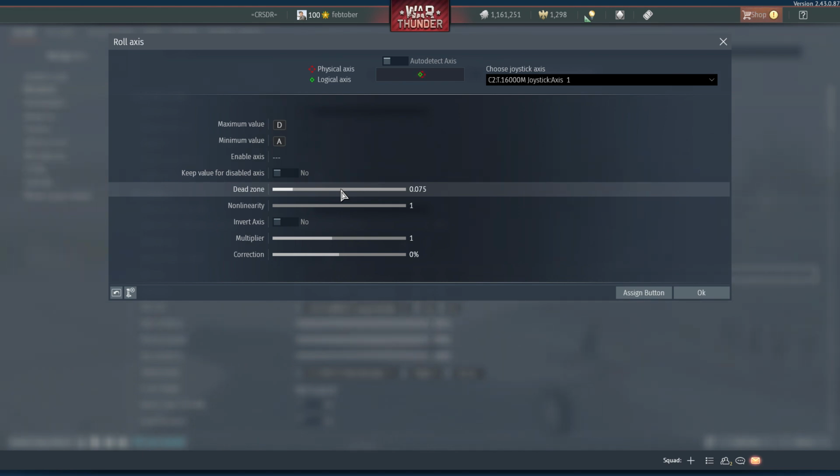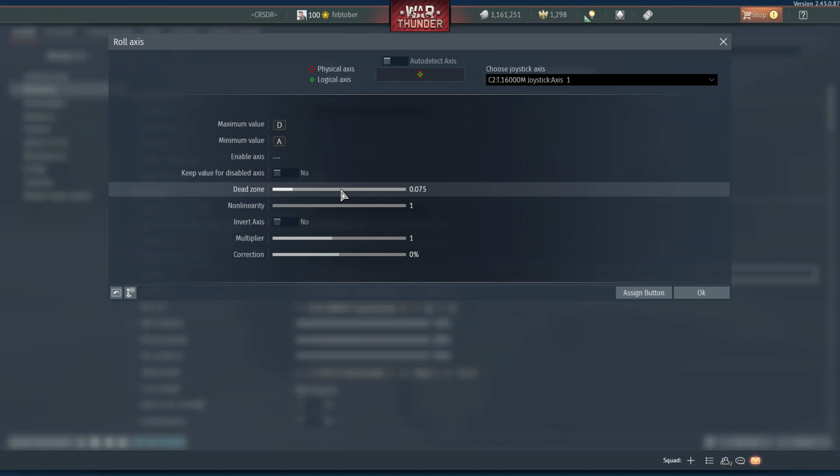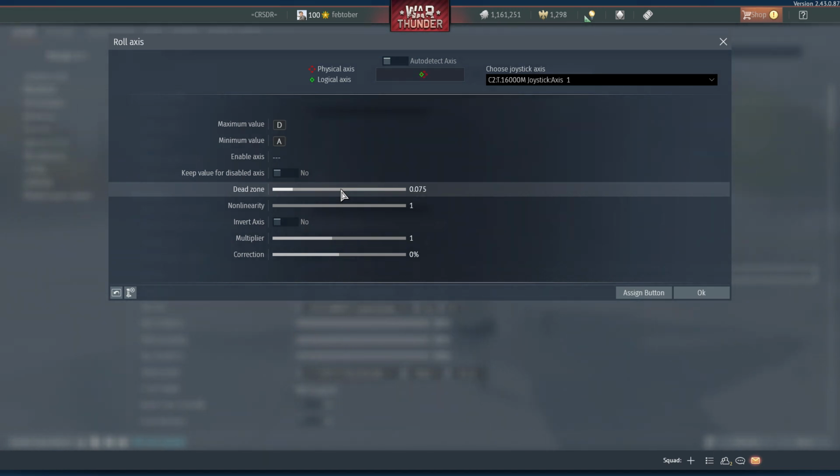See, look at right now, when I move this tiniest little bit, you can see the physical axis moving more than the logical axis moves. So that's what I mean about a dead zone. Well, I had to bump mine up so that it wasn't moving the logical axis so much.